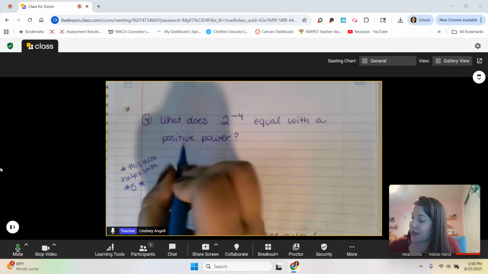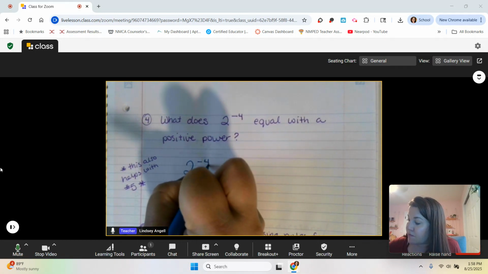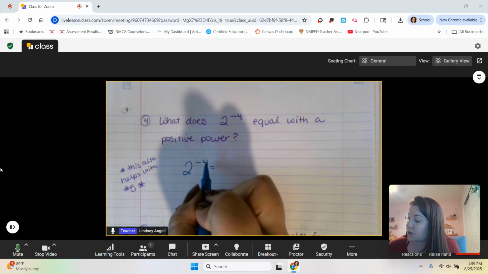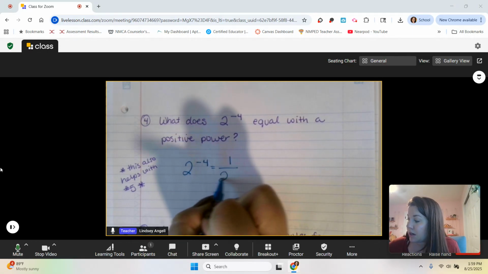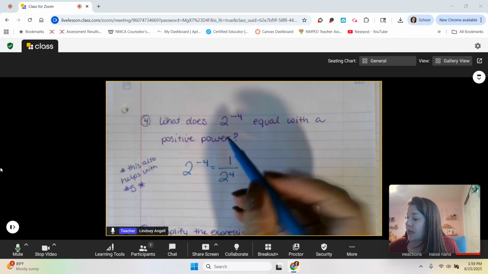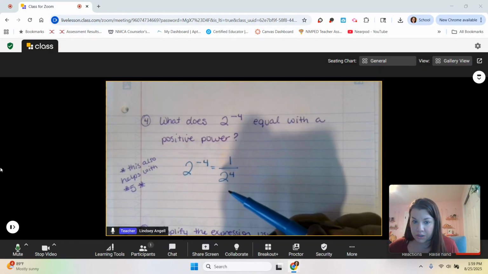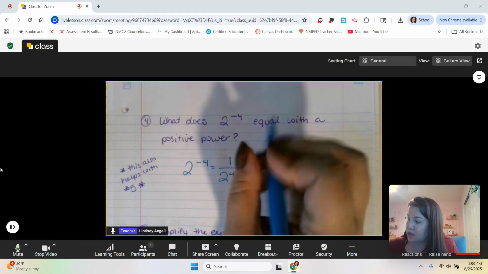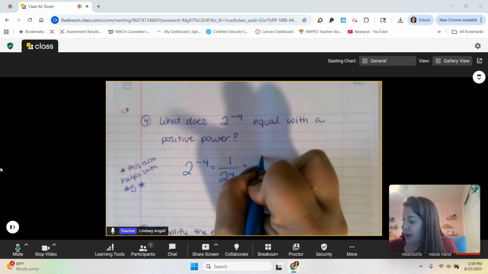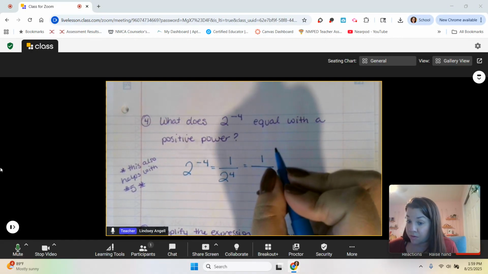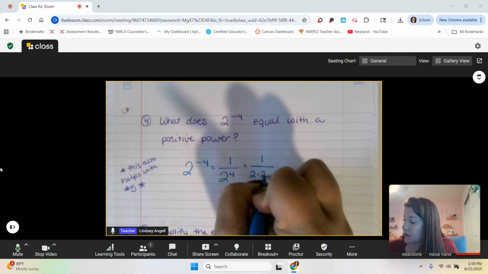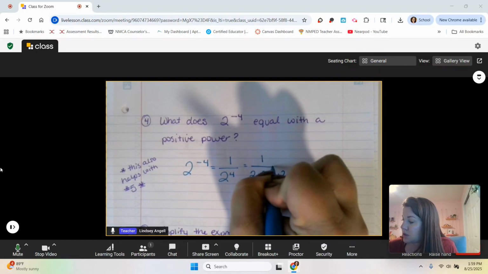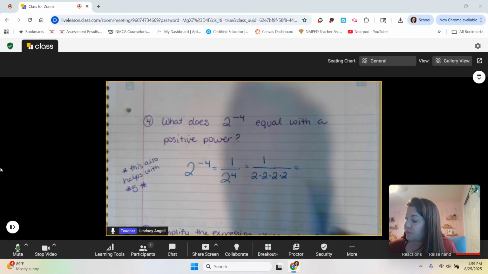So if I have 2 to the negative 4, in order to make this negative 4 positive, I'm going to pull it into my denominator, and I'm going to say that this is the same thing as 1 over 2 to the 4th power. If I were to continue with that, and I believe in number 4 you do need to continue with it, this would be the same thing as 1 over 2 times 2 times 2 times 2.